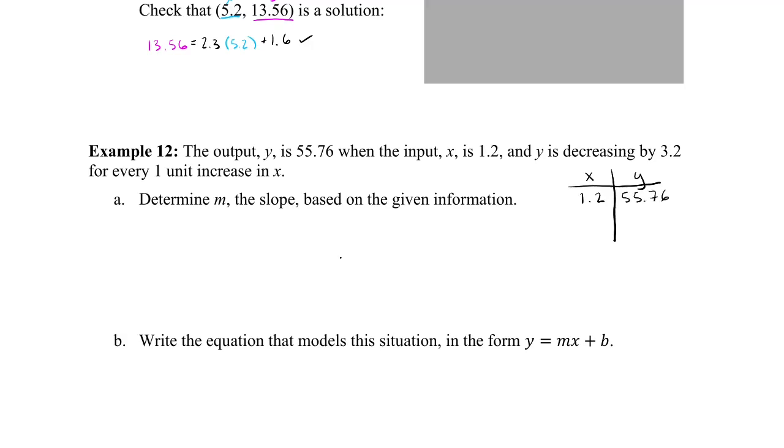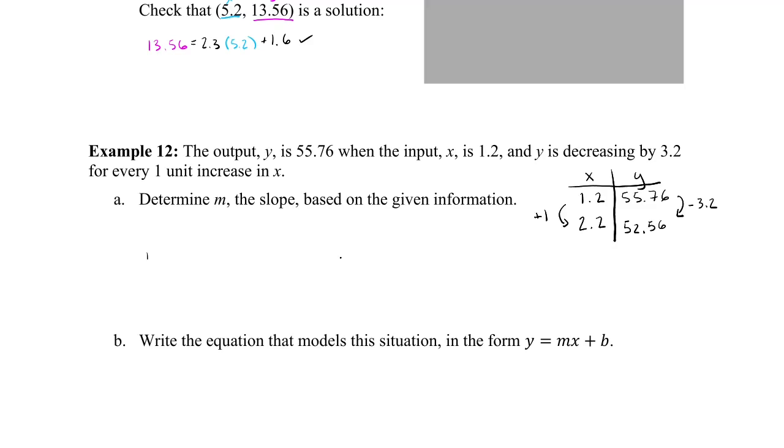And then I'm told that y decreases by 3.2 each time x increases by 1. So when x has gone up to 2.2, y will have gone down to 55.76 minus 3.2, which is 52.56. And of course, that subtraction is a job for the calculator.